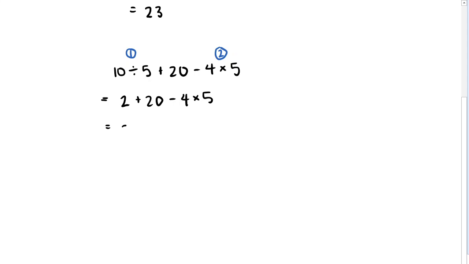And then the next step is 4 times 5, and that gives us 20. And then we perform the addition and subtraction from left to right. So this gives us 22 minus 20, which is, no, it's just 2 at the end of the day. So this is our final result, just 2.